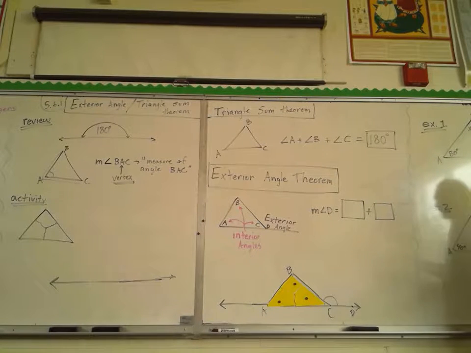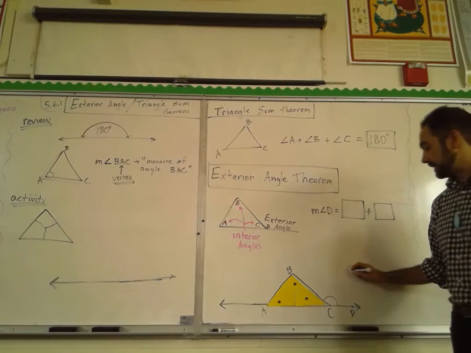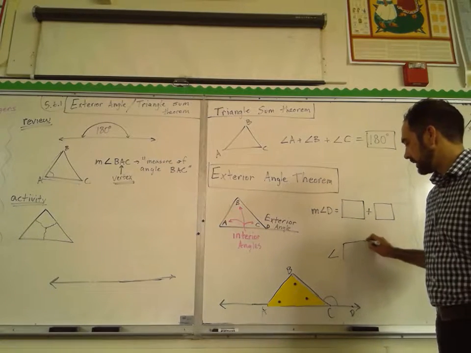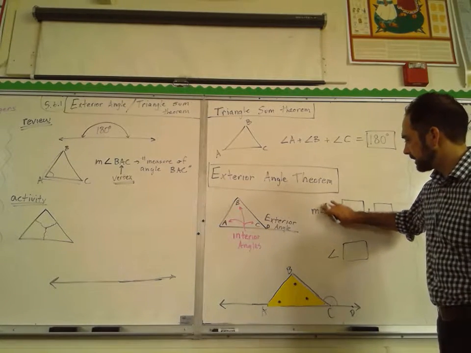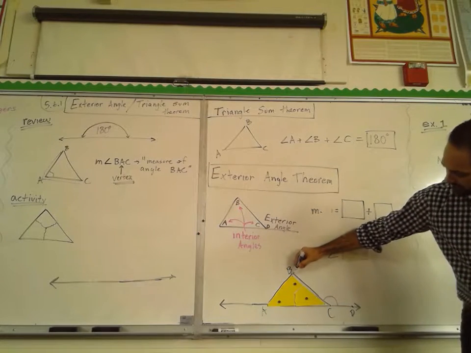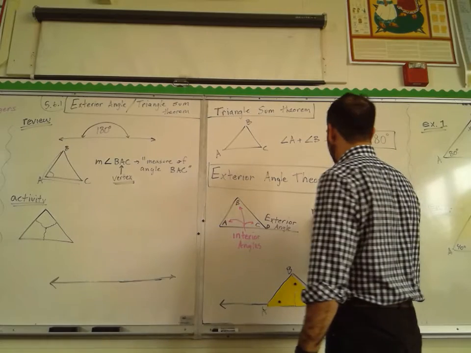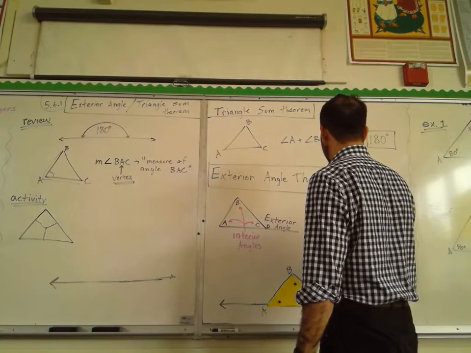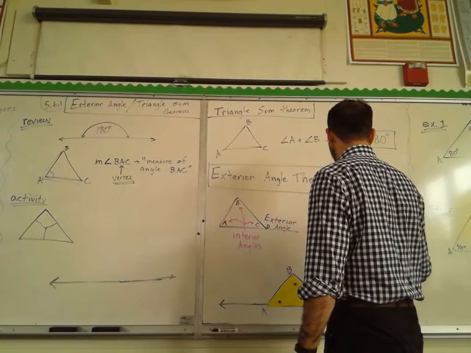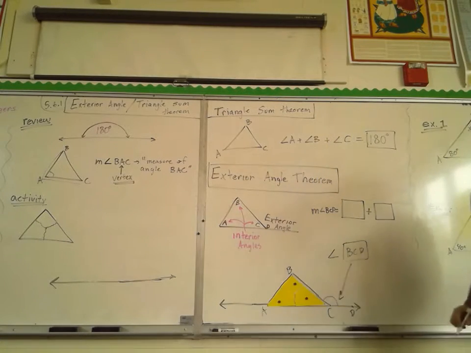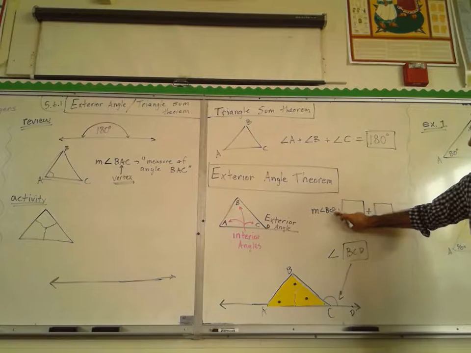But if I said this is angle what? That's what we're going to put here. BCD. Perfect. So the measure of angle BCD is this angle. What we're trying to figure out is angle BCD is equal to what?